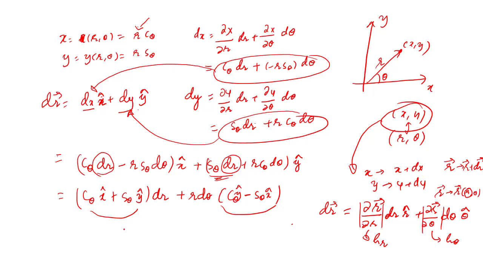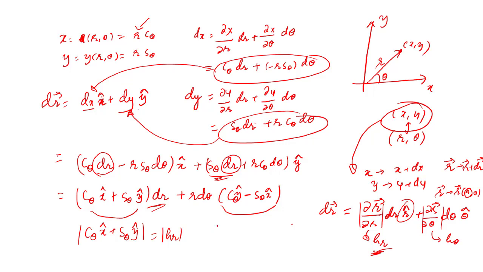Now from here I can see that if I look at dr, then it looks like the magnitude of cosine theta along x and sine theta along y should give me the magnitude for h_r, right? And the direction would obviously be along r because it has both x and y.